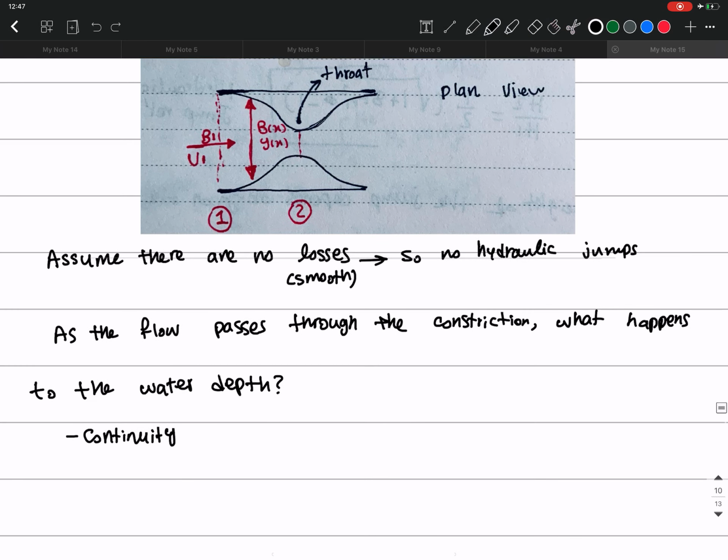If you write it down, because we can assume it's a steady flow, the partial over partial t term becomes 0. So we have u1 times a1. This is a flow rate. Because the density is also constant, I can just write q1 equals qx, say, q1 equals qx.